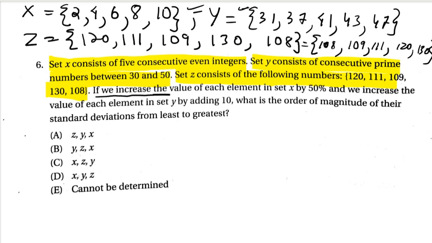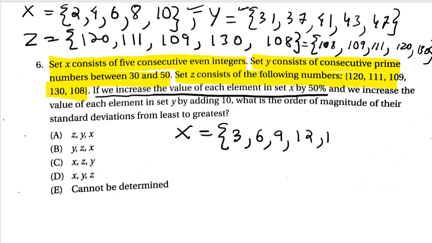If we increase the value of each element in set x by 50%, the new set x will become: 50% of 2 is 1, so 2 plus 1 gives you 3. If you continue doing that, the next one you'll get is 6, then 9, then 12, and then 15.